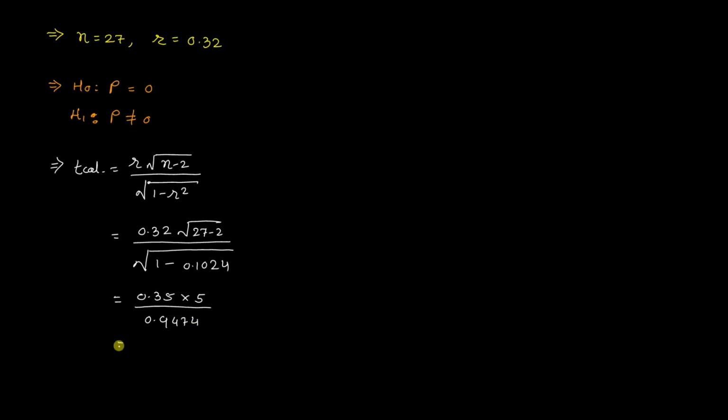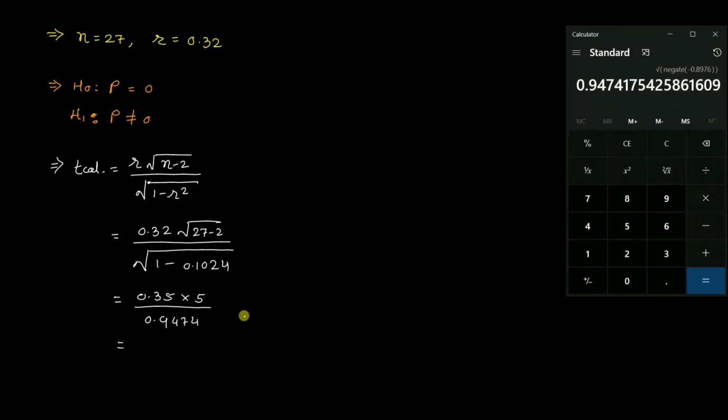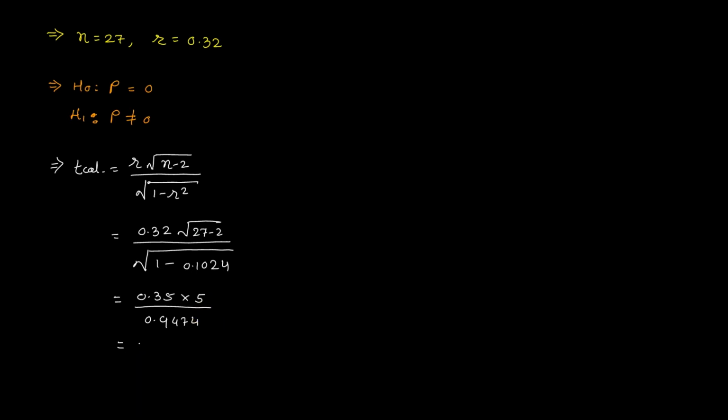Now find final answer of t calculated value: 0.32 multiplied by 5 divided by 0.9474, and we get 1.85. Answer is 1.85.